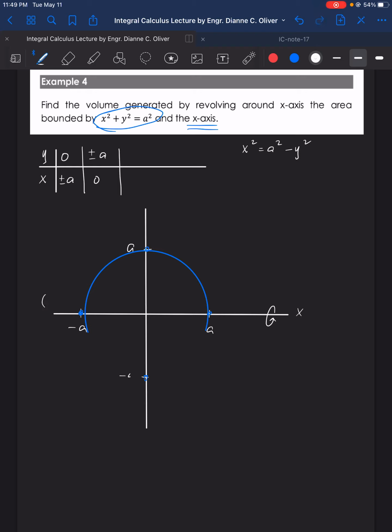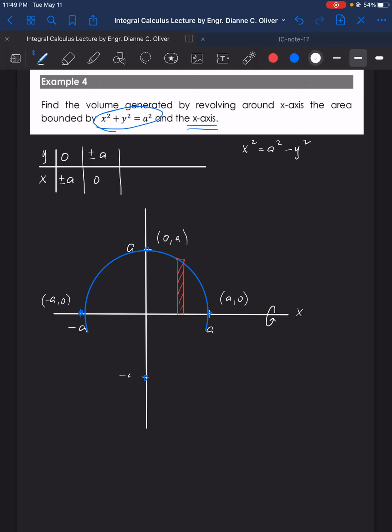So the points are, we have here negative a, 0, this is 0, a, and this is a, 0. Now if we use the easiest area strip here, that would be the disk method.